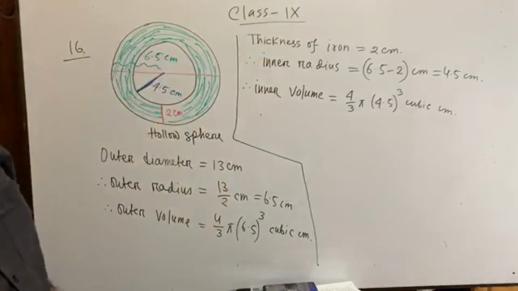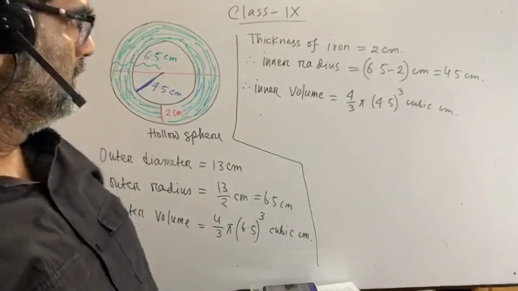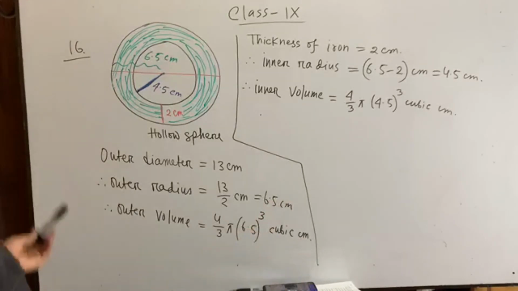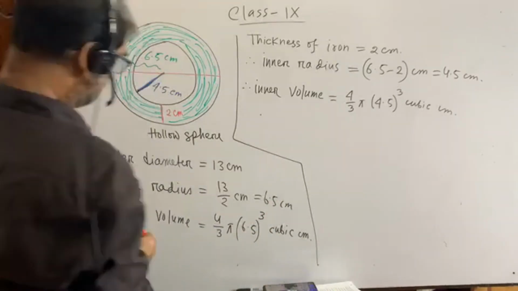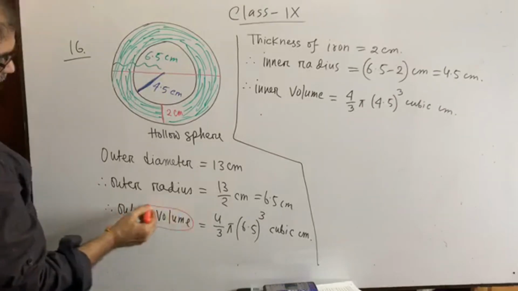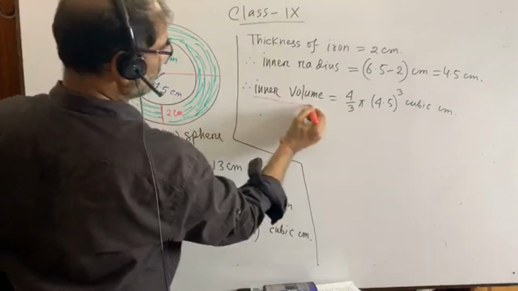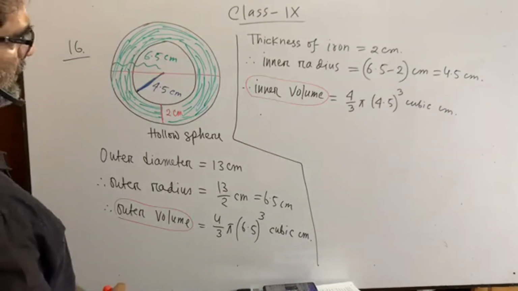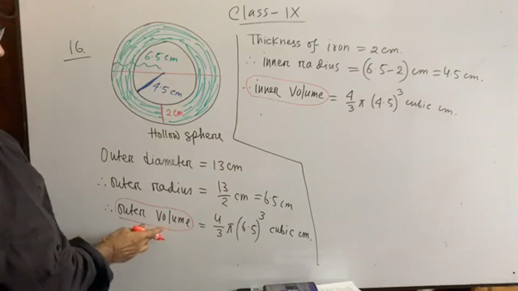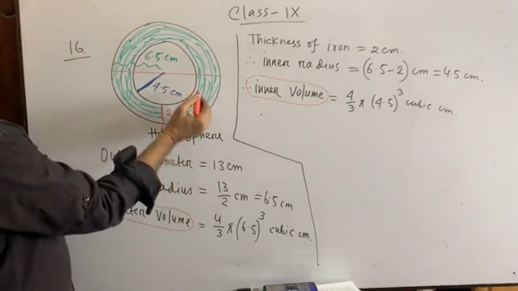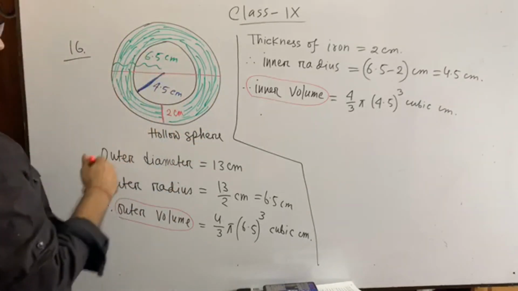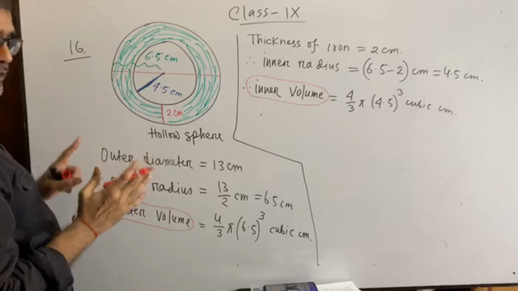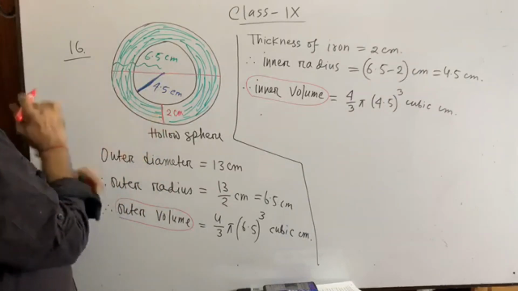Please try to understand. So we have got the outer volume and also the inner volume. Now if I subtract the inner volume from the outer volume, then I will get the volume of the iron used in this hollow sphere, right?